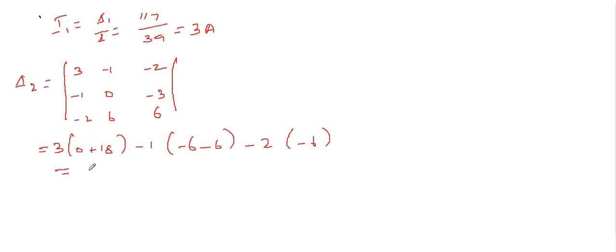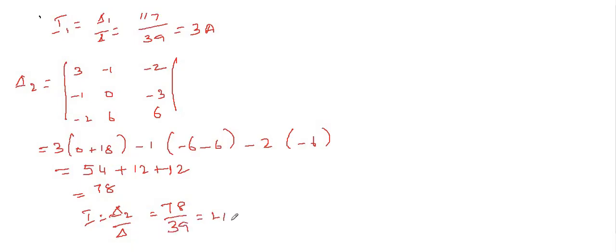So we'll get 54 plus 12 plus 12. So it is equivalent to 78. So now I2 is equivalent to del 2 divided by del. So it is 78 divided by 39. So it is equivalent to 2 ampere.